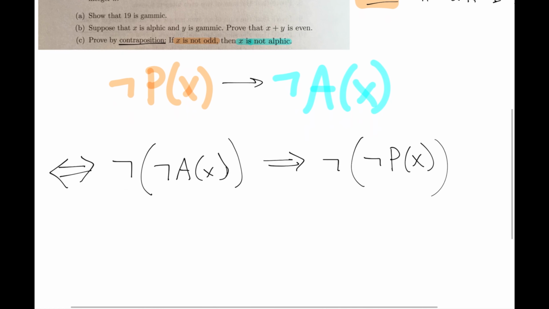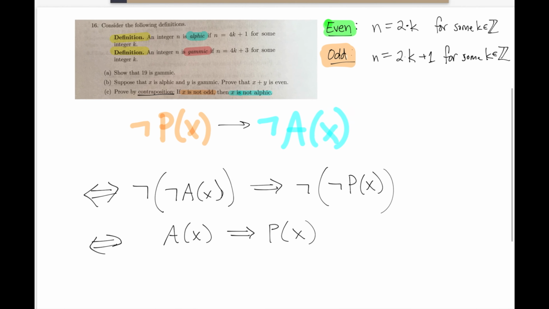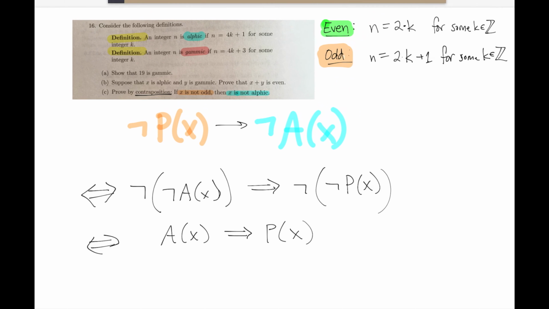And that simplifies using double negation to give me a of x implies p of x. And so now we get to use exactly the definitions that we've been working with before. And I'm going to show if x is alphic, then x is odd.